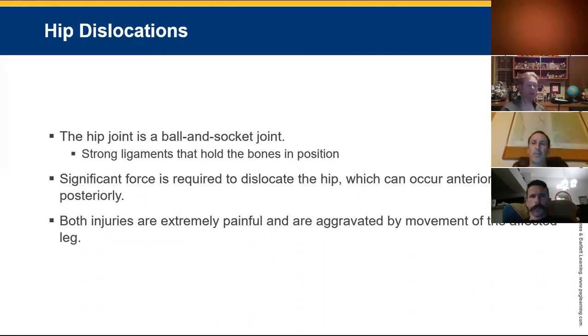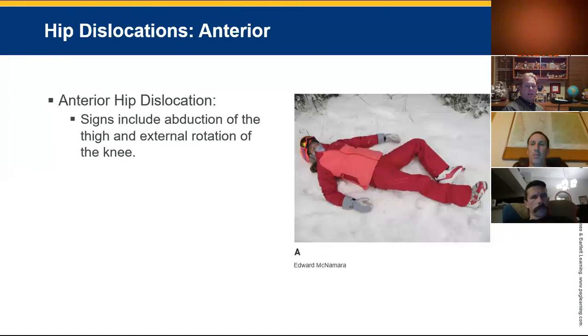So the dislocation, next slide will probably mention how do you know it's dislocated. Usually it's shortened and it's rotated. Just like this person laying in the snow, most times you don't see their knee bent like that.